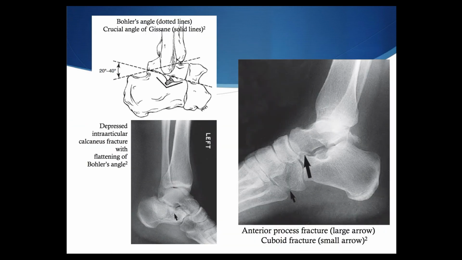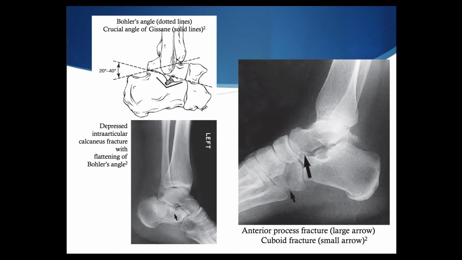Bowler's angle really is formed by a line drawn from the superior aspect of the anterior process of the calcaneus and the superior aspect of the posterior facet, and a second line that joins the posterior facet and the superior part of the calcaneal tuberosity. This angle should be 20 to 40 degrees, and if reduced, should alert you to the possibility of an intra-articular fracture.